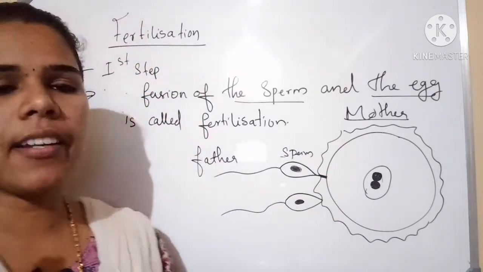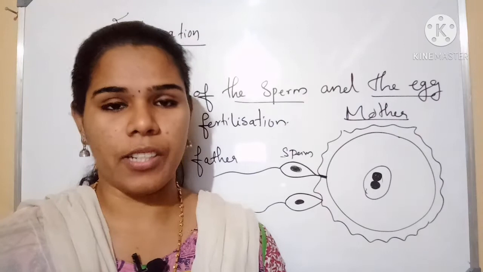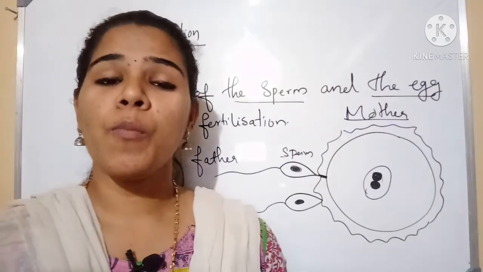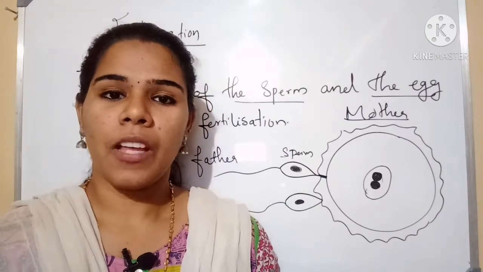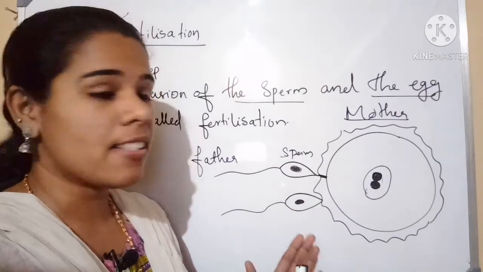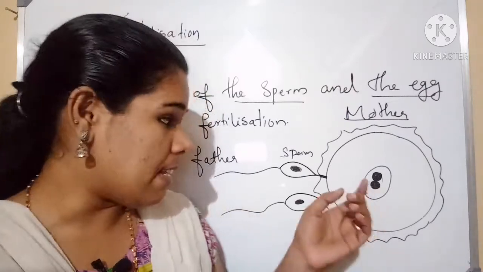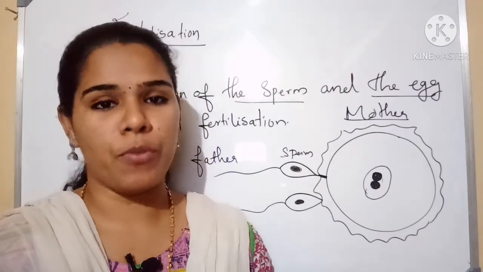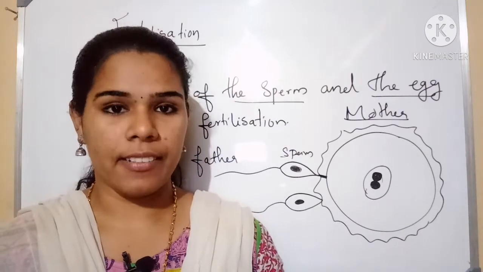It helps to inherit these characters to the next generation, which means that individual shows both of the parents' characteristics. Some characteristics they show from the mother, and some from their father, because of the fusion of the sperm nucleus and ovum nucleus.